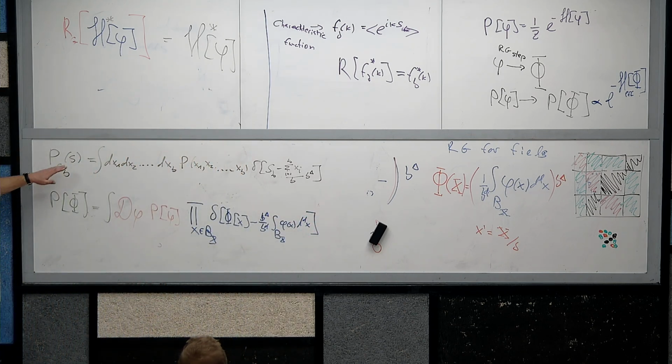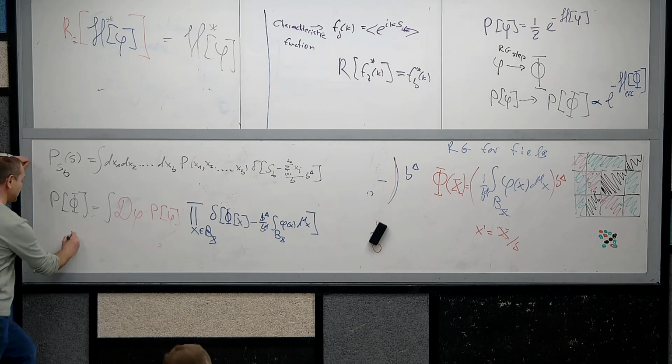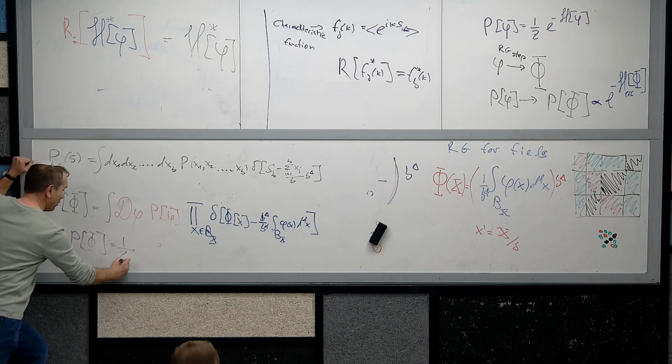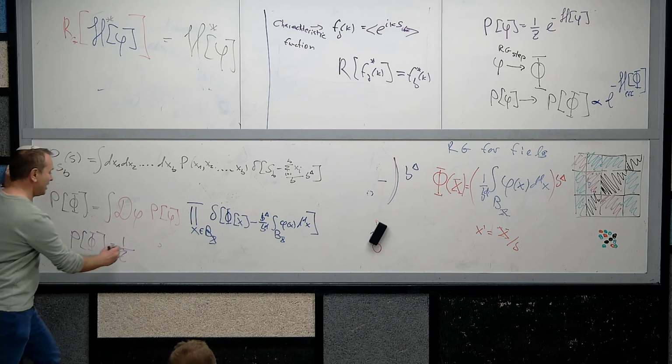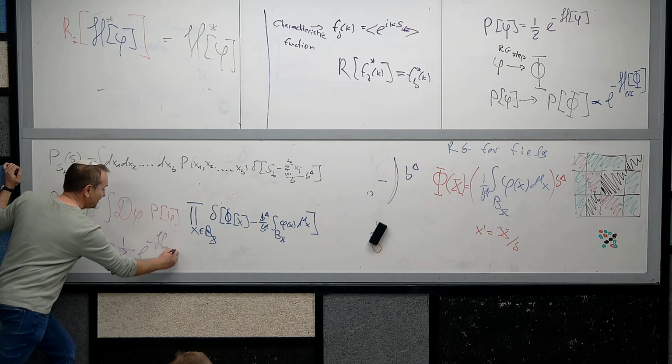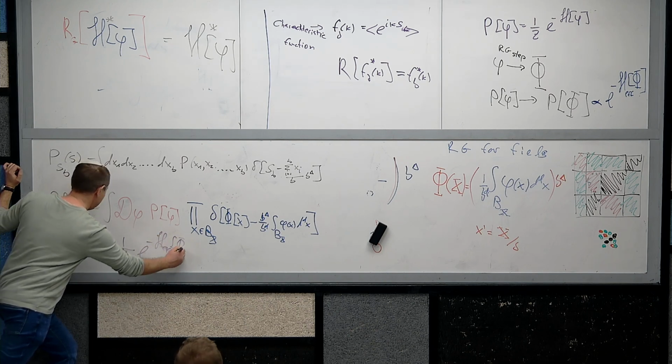Essentially, I've done a convolution for the random variables. I'm also doing a convolution for the fields. Now, the moment that I do the convolution for the fields, I can always write this down as p of phi is 1 over z tilde, e to the power minus h effective of phi.